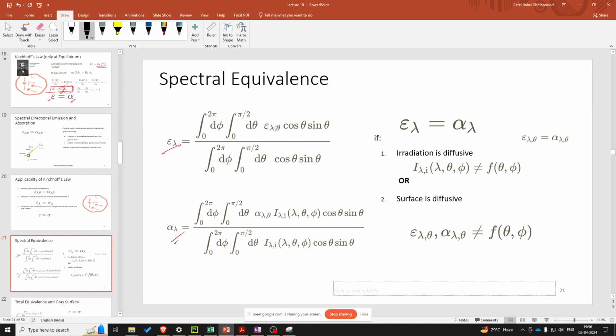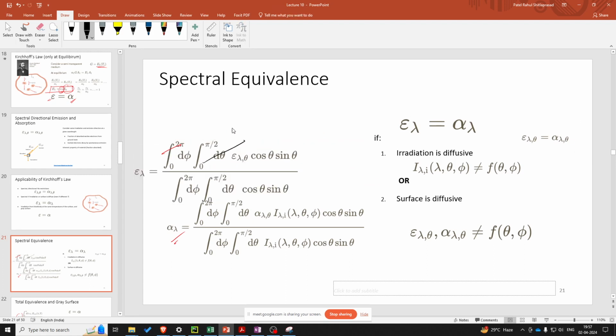So yes, you have to use this formula, but since phi is remaining constant, you can just treat that as constant. This d phi is constant, so eventually the numerator and denominator will get cancelled out. So you can just neglect this.